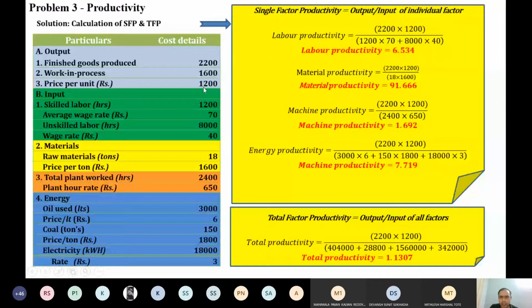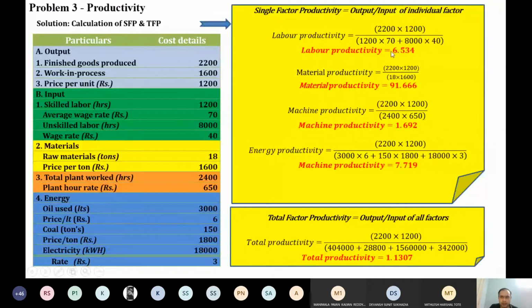Labor productivity: as I told you, we are going to consider both skilled labor and unskilled labor, and if any other data is also given, you have to consider that also. In this case, we consider 1200 into 70 plus 8000 into 40. So you are getting 6.534. The calculation may be wrong. If you could work it out and help me, I can correct it now itself. So this is how we have to calculate the labor productivity.